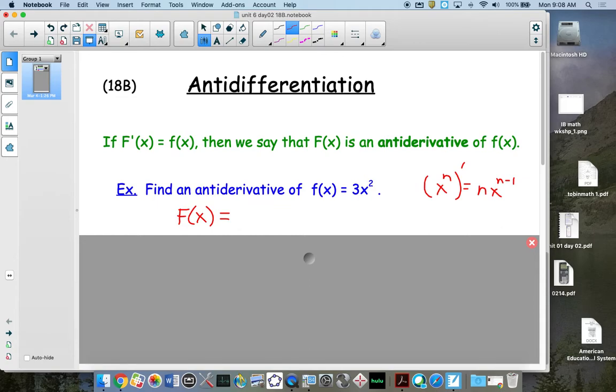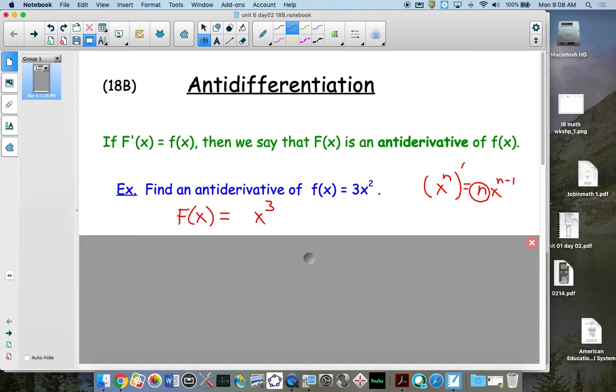So if we're working backwards, we're going to add 1 to our exponent, and then we're going to have to figure out how to deal with the coefficient that should be in front of x. So, if my derivative has an x squared, I know originally it was an x cubed.